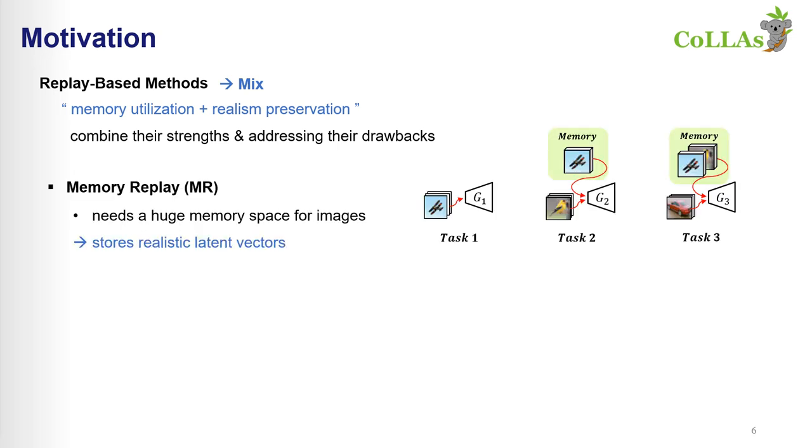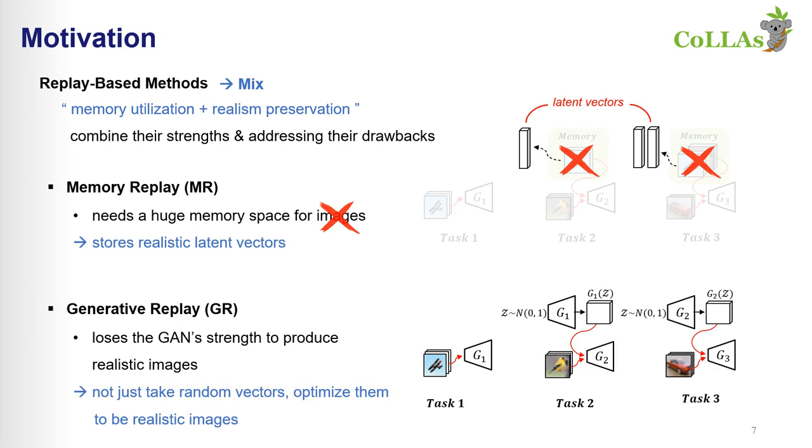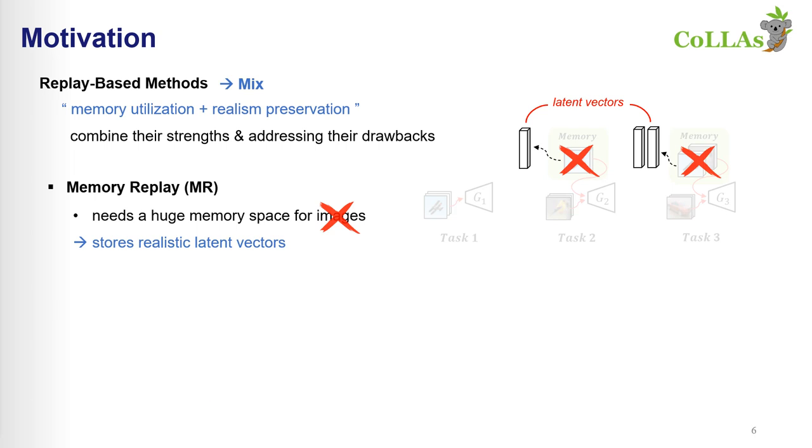Our first strategy is about how to utilize the buffer space in a more efficient way in memory replay. We store realistic latent vectors corresponding to real images of previous tasks instead of storing images. Latent vectors have much smaller size than raw images, so we can utilize memory effectively.